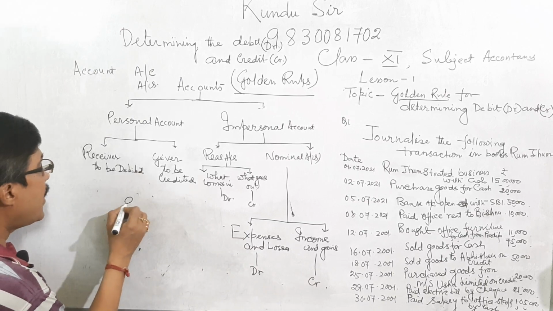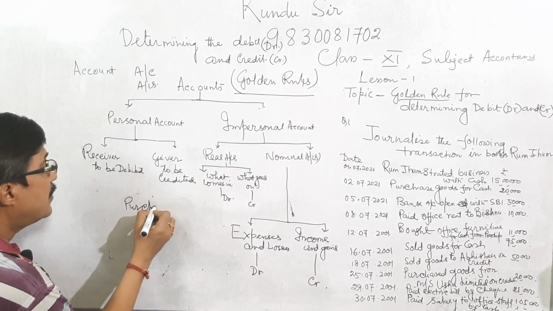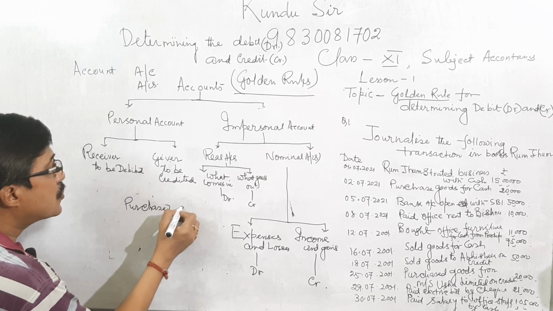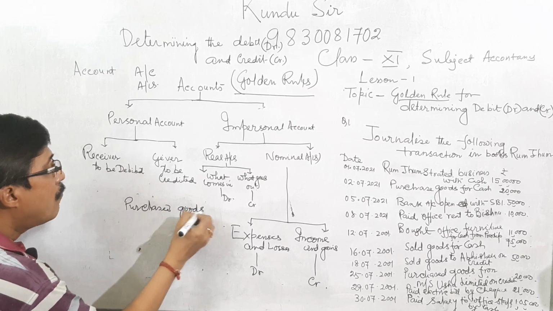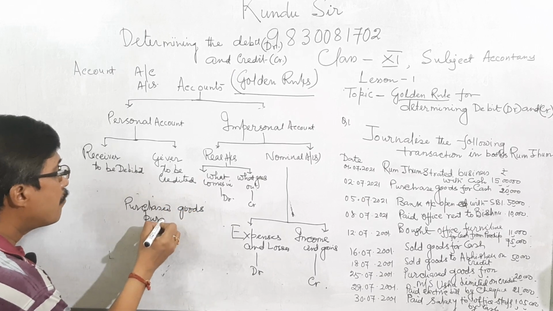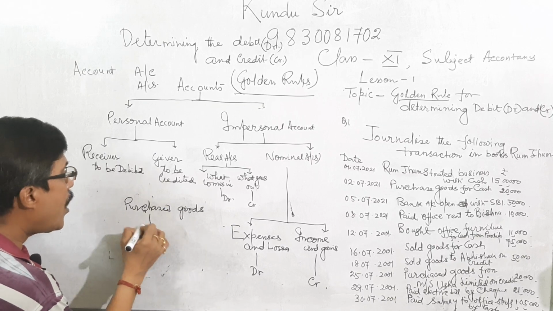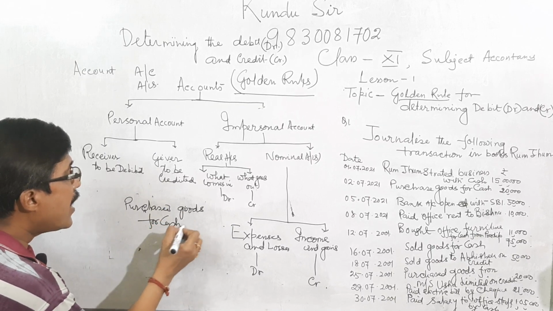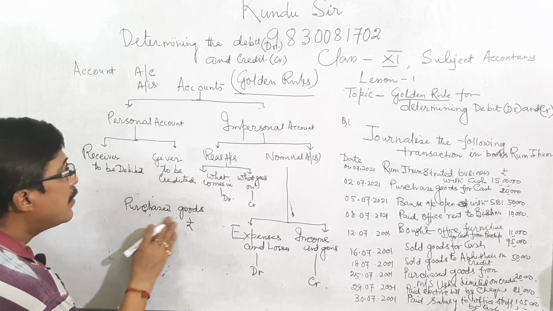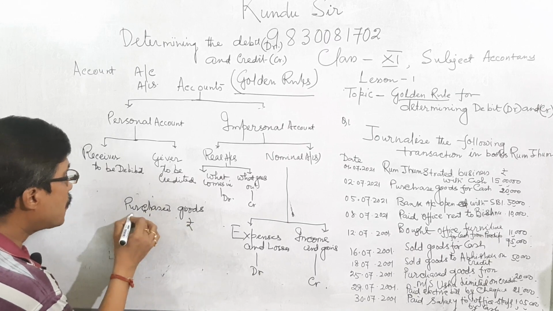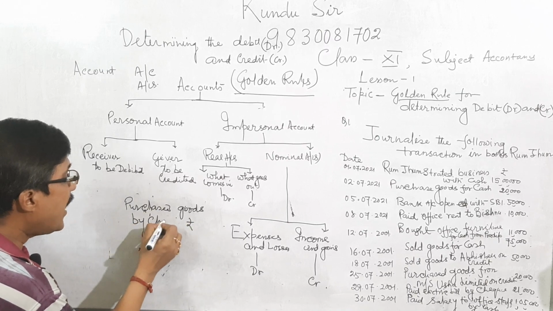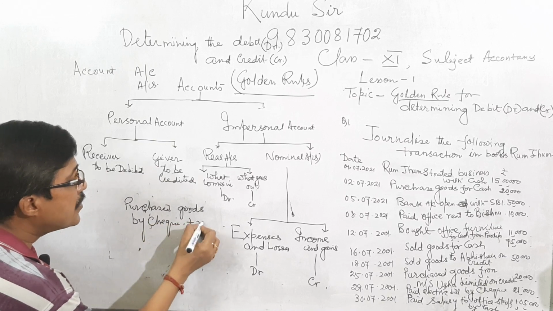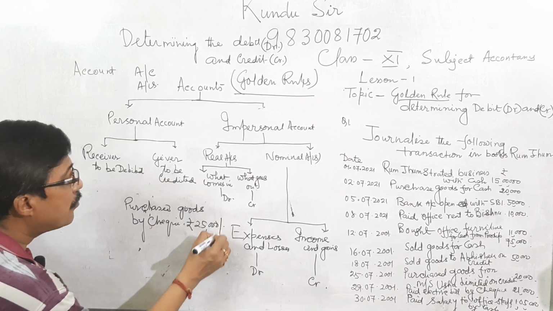Purchase goods for cash, or purchase goods by check, rupees 25,000.